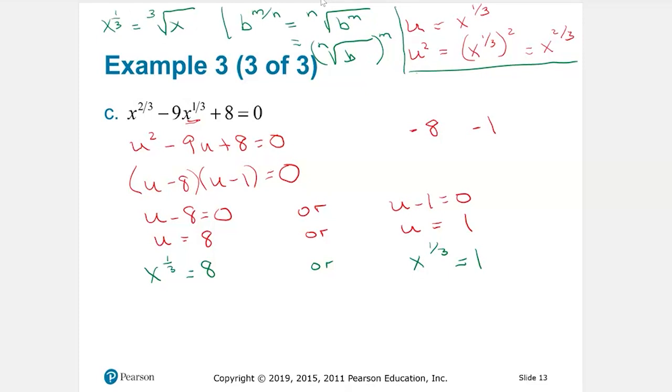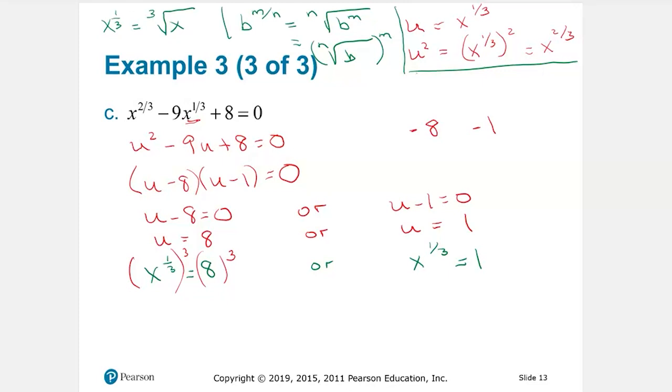Basically, since that's x to the 1/3 power, how do I get rid of the 1/3 power? Well, the same way I get rid of the 1/2 power. If I take the square root, I square it. If I have the cube root, I cube it. What I'm saying is I would put them both to the 3rd power.